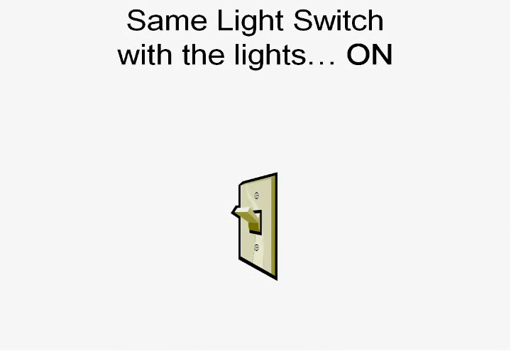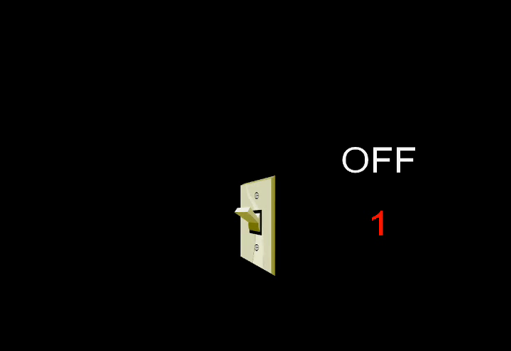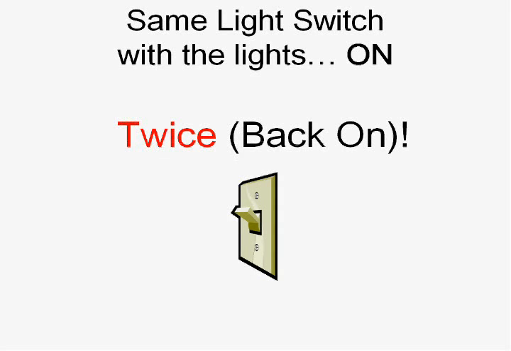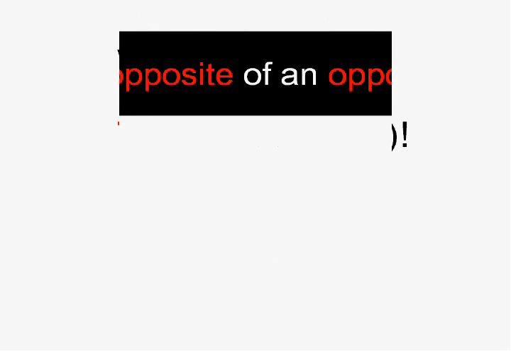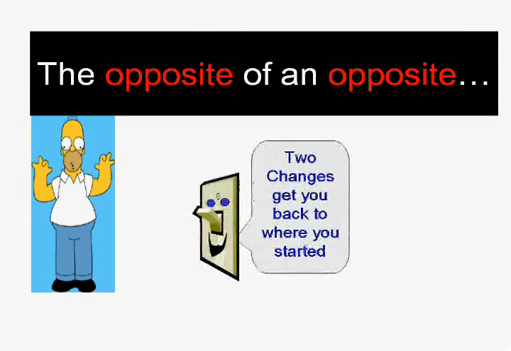Now let's talk about the same light switch. We'll start again with the lights on. And this time we're going to flip it twice. We're going to do the opposite of the opposite. The first time it'll be off, and we still need to flip it again. So the second time it ends up back on, doesn't it? So you could say the opposite of an opposite will bring you back to where you started.